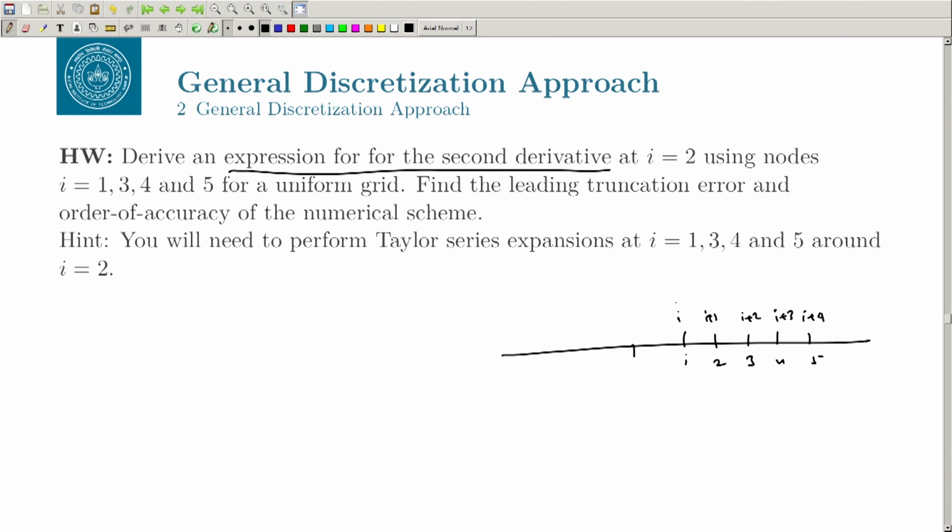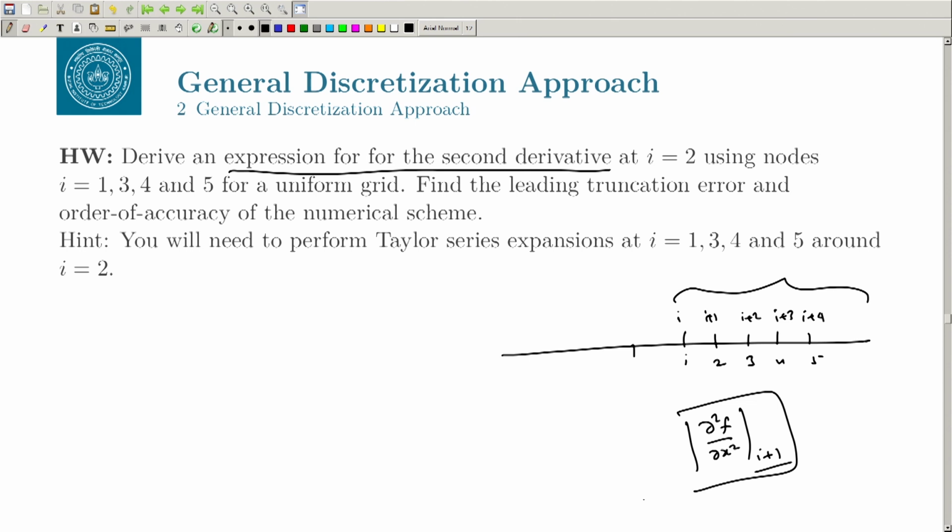We are using these stencil points, and you want to calculate the second derivative, del 2 f by del x square at I plus 1. This is what you want to calculate.